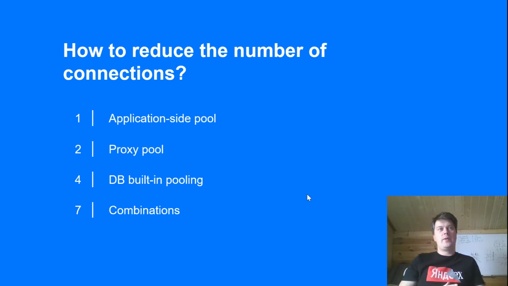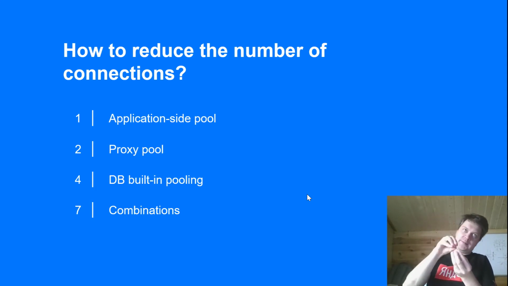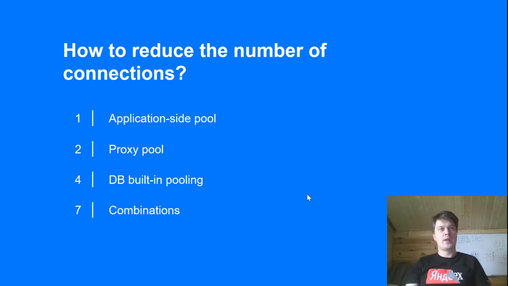How to reduce the number of client connections to the database? First and most widely used way is to use application-side pooling. If you have a driver which pools connections, probably the first step is to enable this application-side, driver-side pooler. Second, you can have some middleware, some proxy, which accepts thousands of connections and tries to pack them into as small a number of connections to the database as possible.